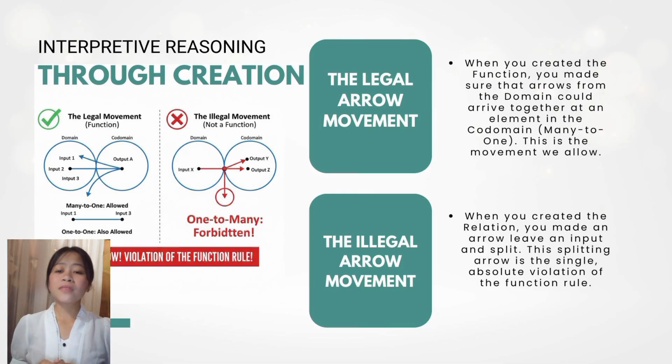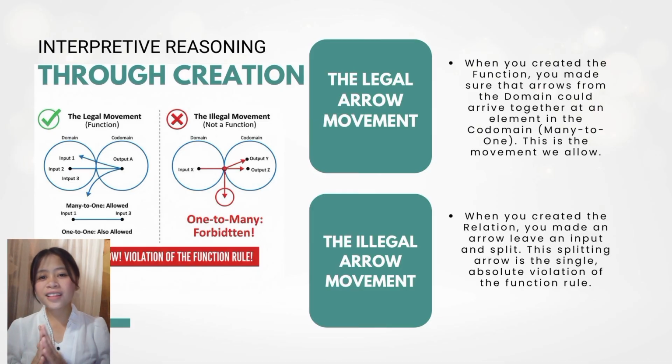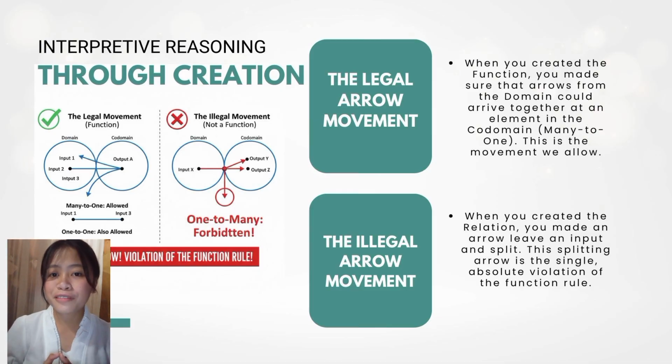So why did we spend all this time dissecting the difference of a relation and a function? Because in a world full of messy and unpredictable relations, functions represent predictability. Remember that. When you write y is equal to 2x plus 1, you know with absolute certainty that for x is equal to 5, you will always be getting y, which is 11.